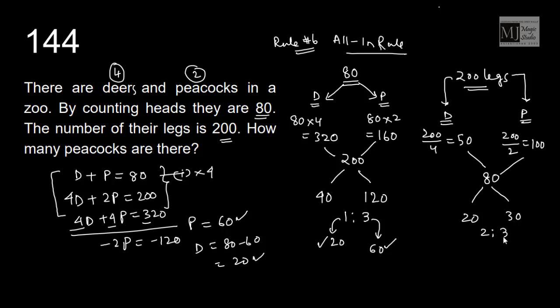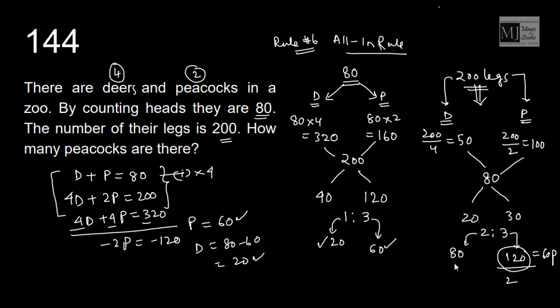So the ratio now is 2:3. That means number of legs ratio is 2:3. 200 by 5 is 40. 40 into 2 is 80. 40 into 3 is 120. That means peacock's legs are 120. If I divide by 2, I'll get 60 peacocks.